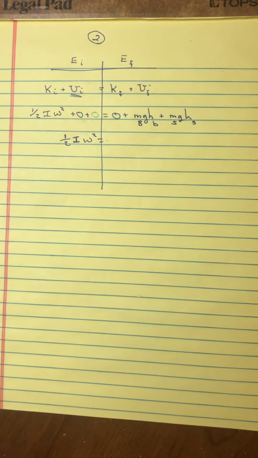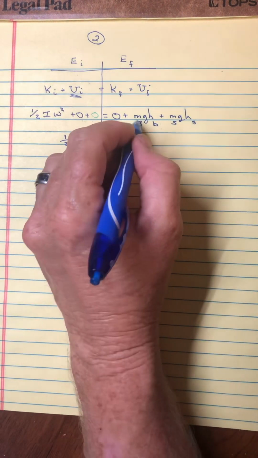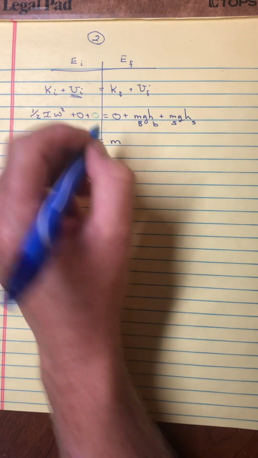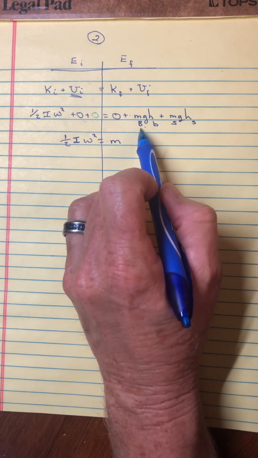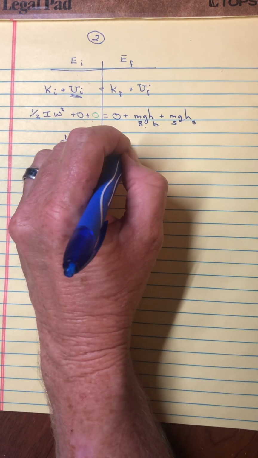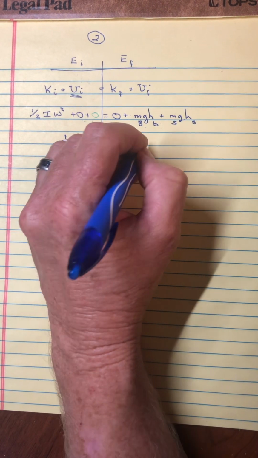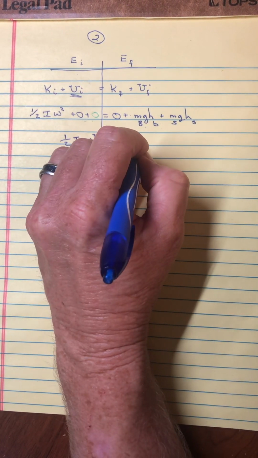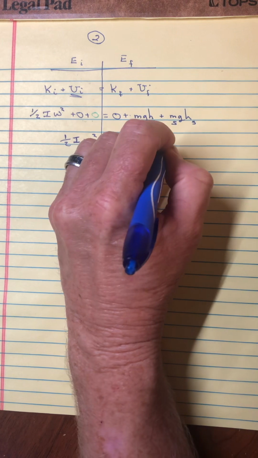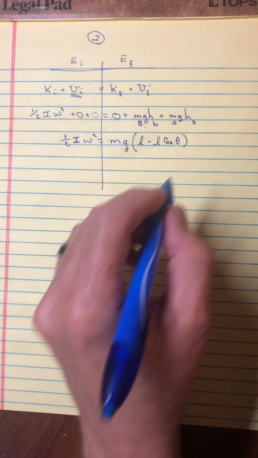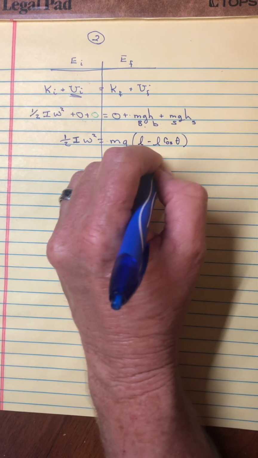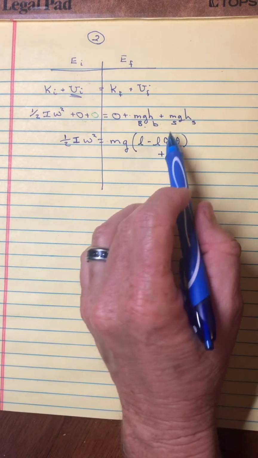All right, so coming back to this page 2, I can then say, okay, I've got the mass of the bug, which I've been labeling as m sub b times g. And then this height would be L minus L cosine theta. And maybe I'll put another line down here.